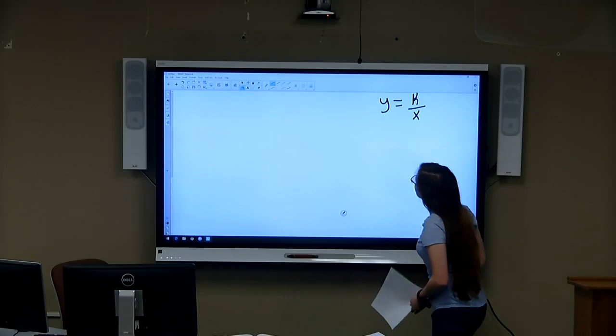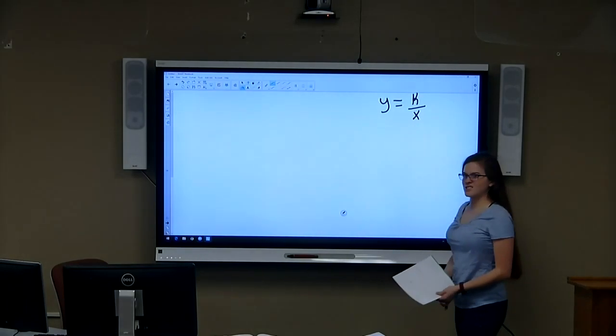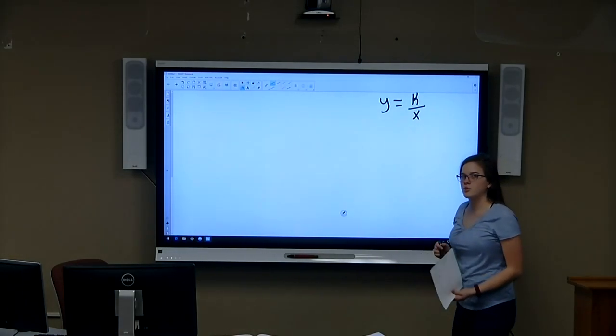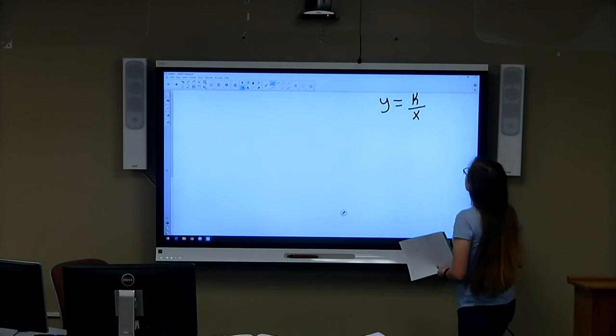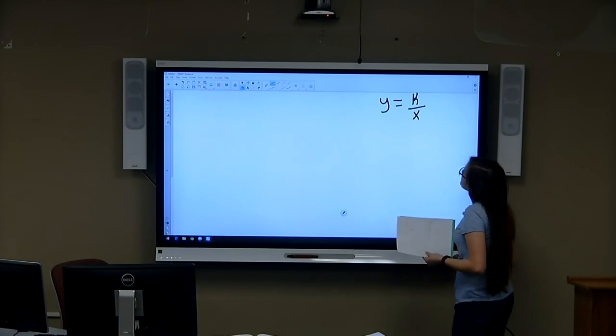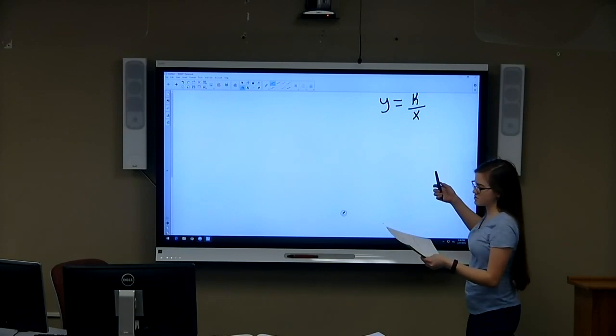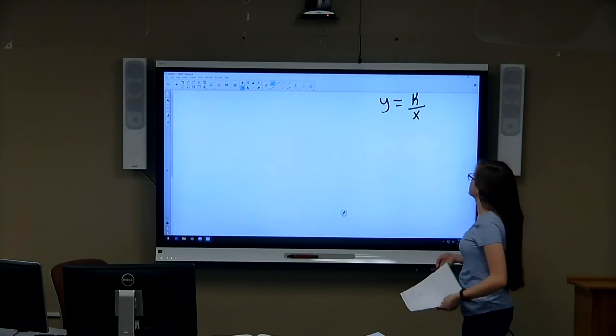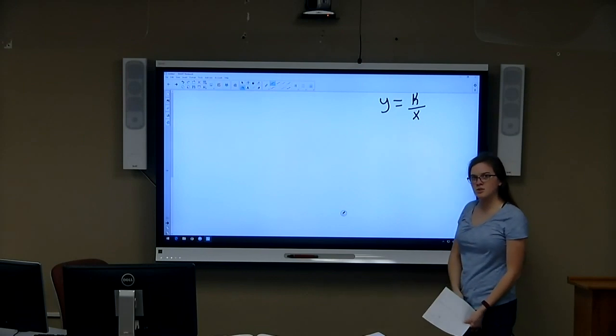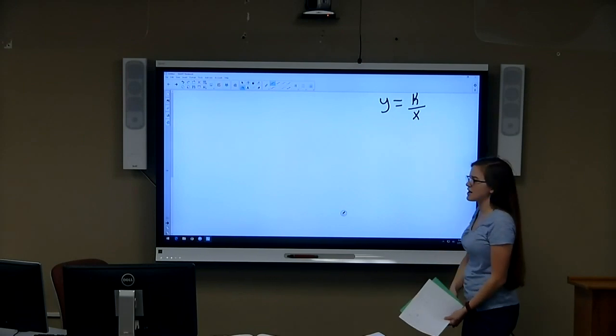We all know what y and x are. They're both points on your graph. But what is k? K is any variable that directly varies with x to make y, or with y to make x.